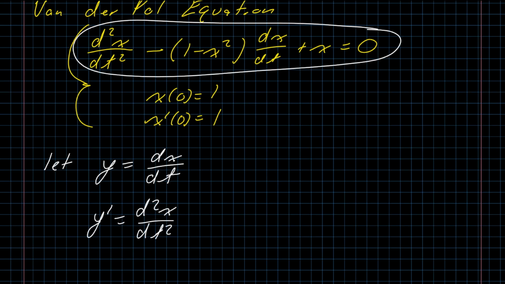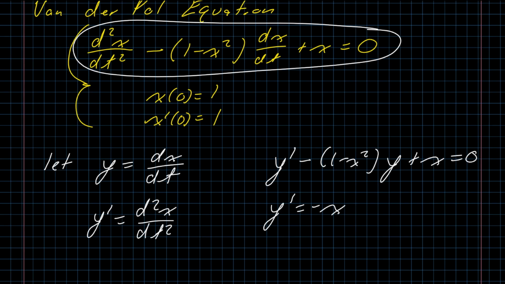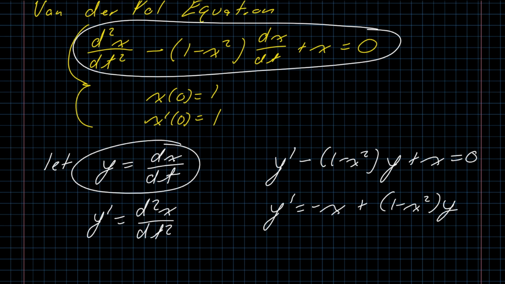So we have y prime minus 1 minus x squared dx dt is now y plus x equals 0, which means that y prime is minus x plus 1 minus x squared y. And of course, just taking our definition of y and rewriting it, we have that x prime equals y.